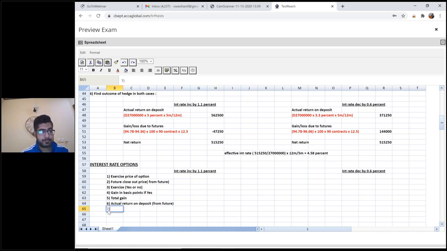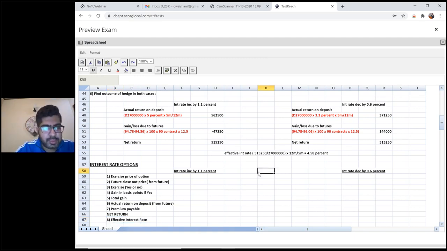Seventh, premium payable. This will give all of us the net cost or net return. And then finally, the eighth comes, that is the effective interest rate.